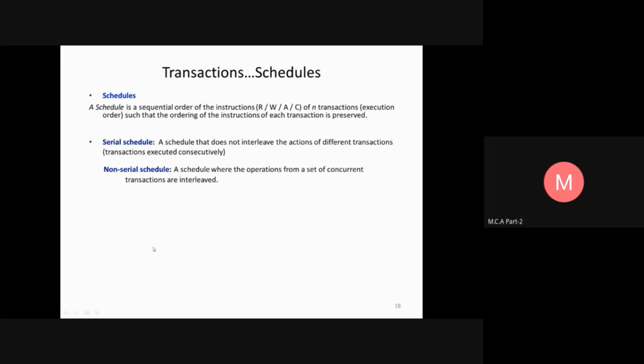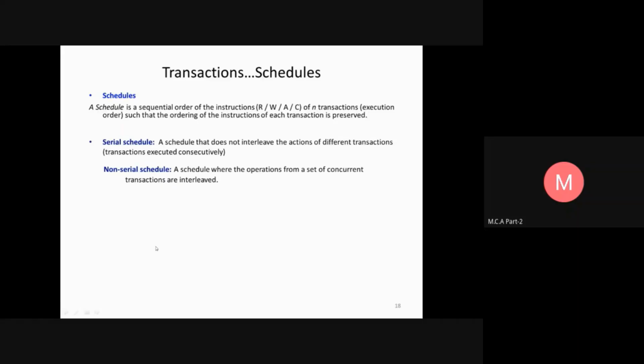And this switching can take place across multiple transactions. Okay. So the CPU time can be looked at as though it is shared among all these transactions. So with this scenario, we can have several execution sequences which are possible, since the various instructions from both transactions may now be interleaved. Okay.